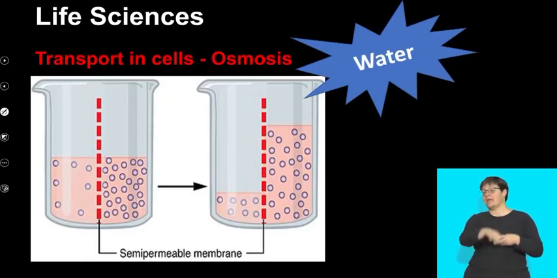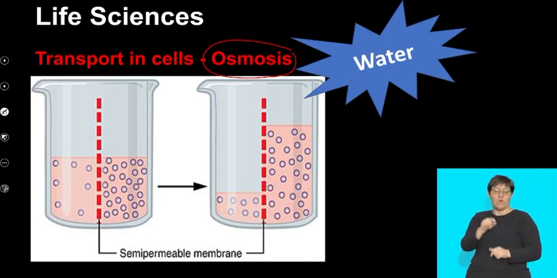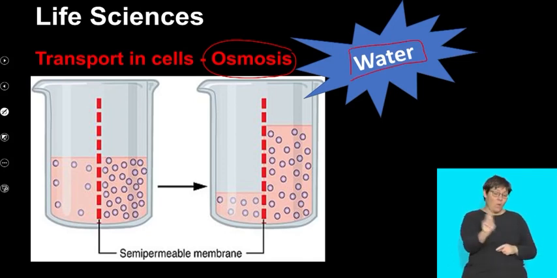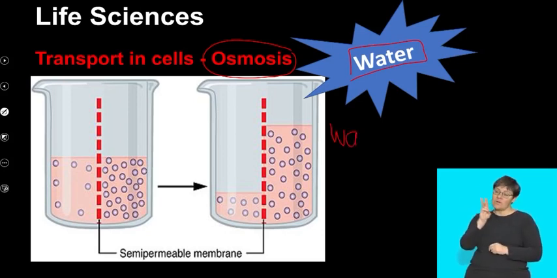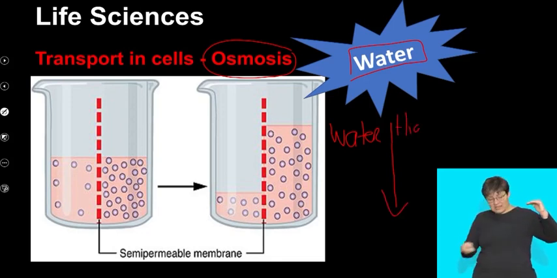The next concept is osmosis. We follow the same concept where we're going to move water. Now this is really important. Water must move from a high concentration to a low concentration.